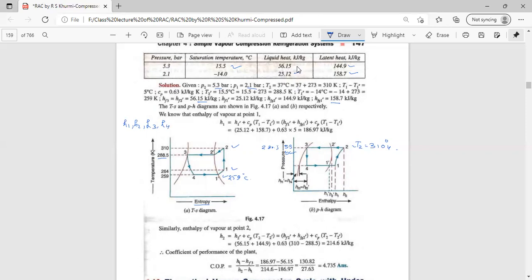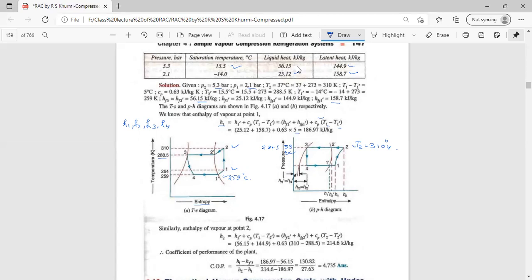So we put in all these respective values. The enthalpy at the fluid stage is 25.5 and the latent heat at T1 dash is 158.7, plus 0.6 into 5, which is equal to 186.97. T1 minus T1 dash is given as 5, Cp is given as 0.63.